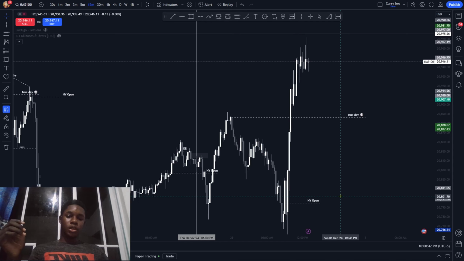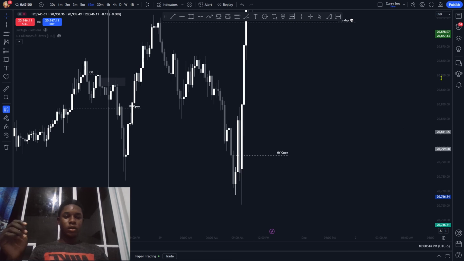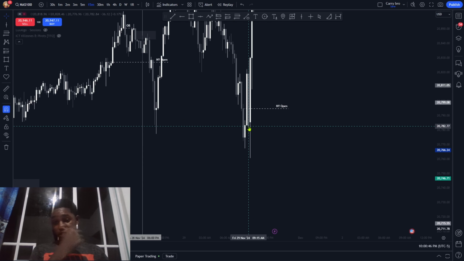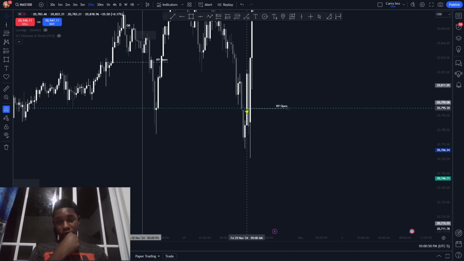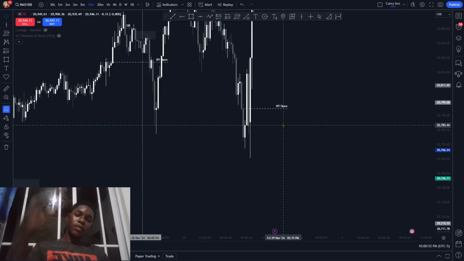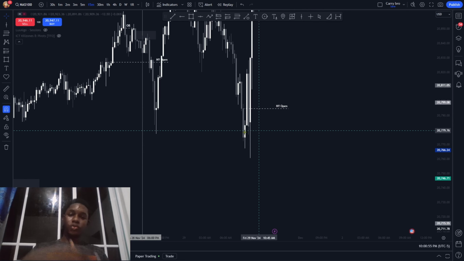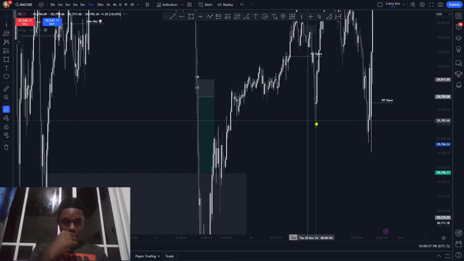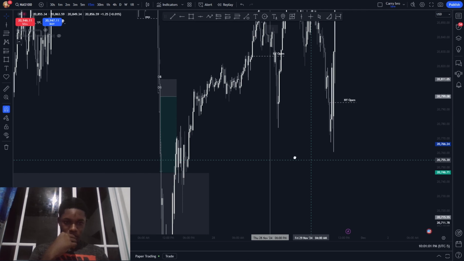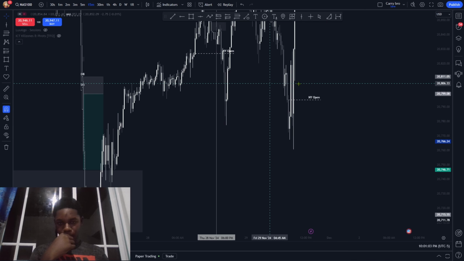We were below today, and for a specific model for ICT's 2022 model, it's basically what price does above and below the 8:30 level, which is New York open time. These times are in New York time, Eastern Standard Time.